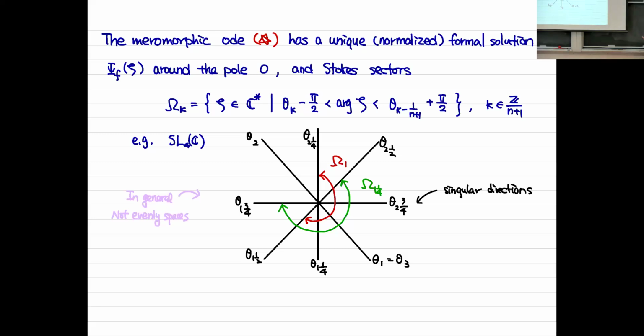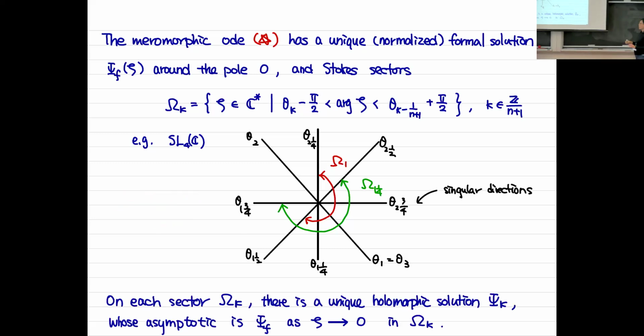So the theory is that in each sector, in fact, there is a holomorphic solution. So we were saying that the formal solution doesn't converge, so it's just a formal one. But in the right size, you actually have a holomorphic solution. The trick is that if the sector size is smaller, then you will have more than one solution. But if it's bigger, then you don't have solutions.